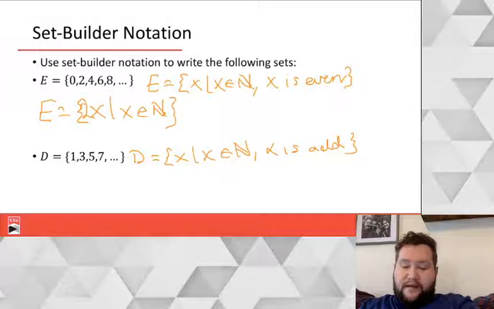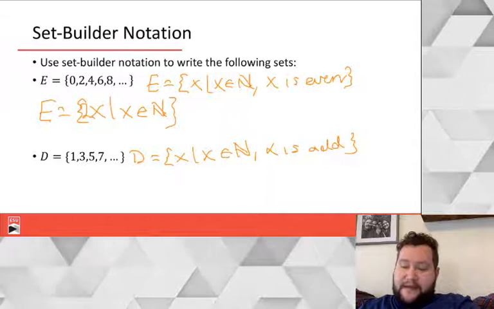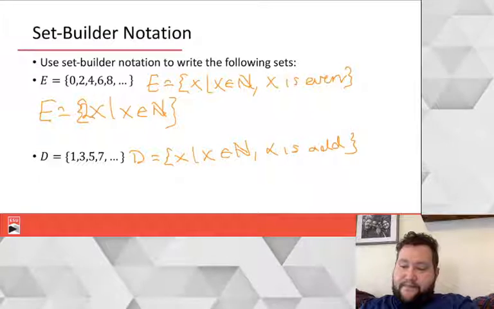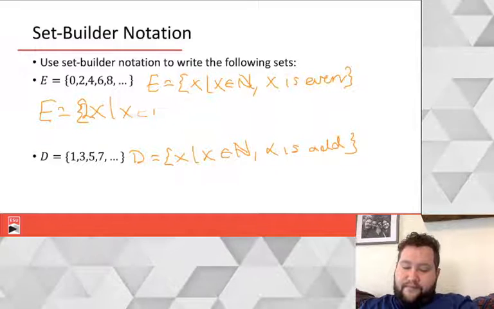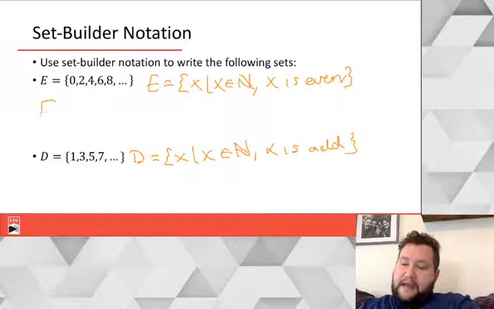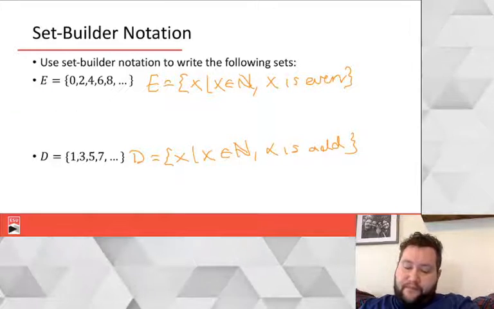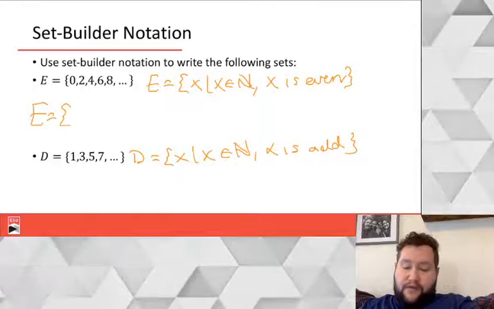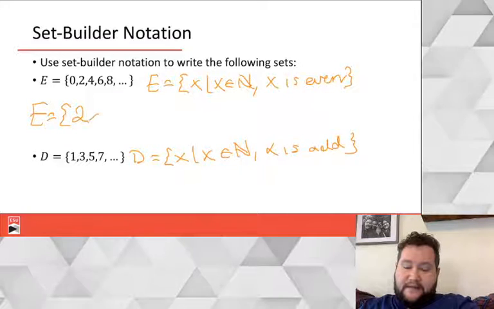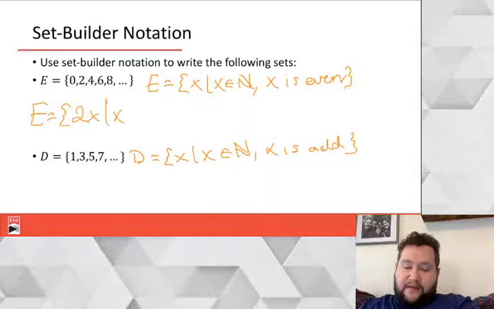Here, let me rewrite that. E is our set of numbers of the form 2 times x, where x is a natural number.